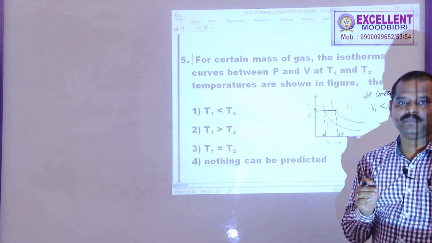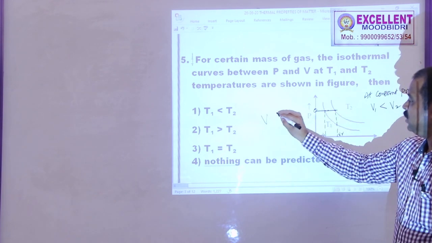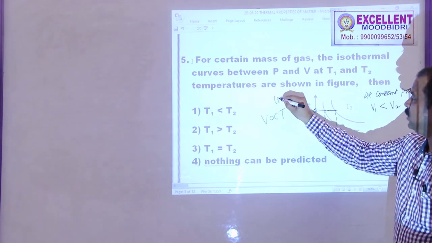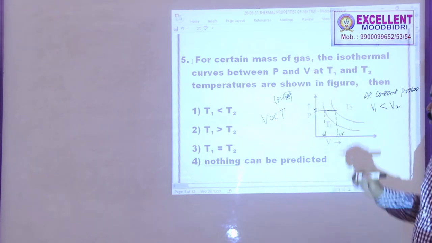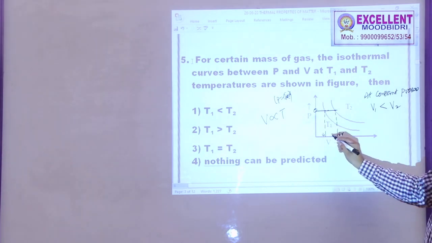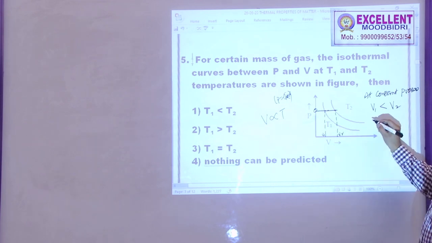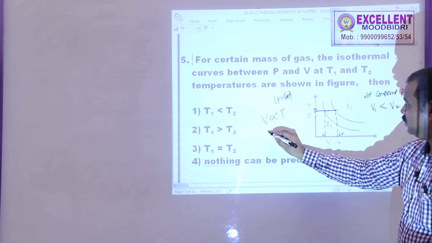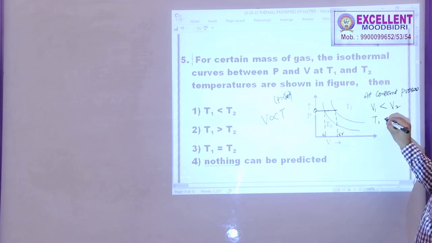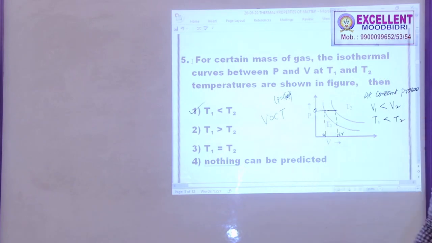Constant pressure means Charles law. According to Charles law, V is directly proportional to T at P equal to constant. So here volume is less, here volume is more along the volume axis. So V1 less than V2 means T1 less than T2. So option 1 is correct.